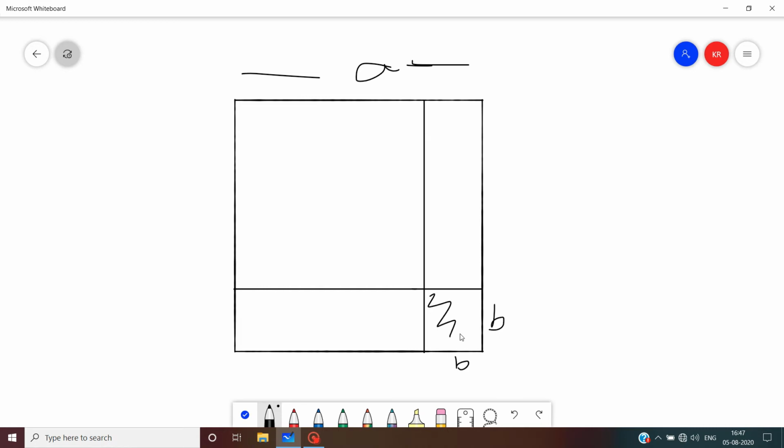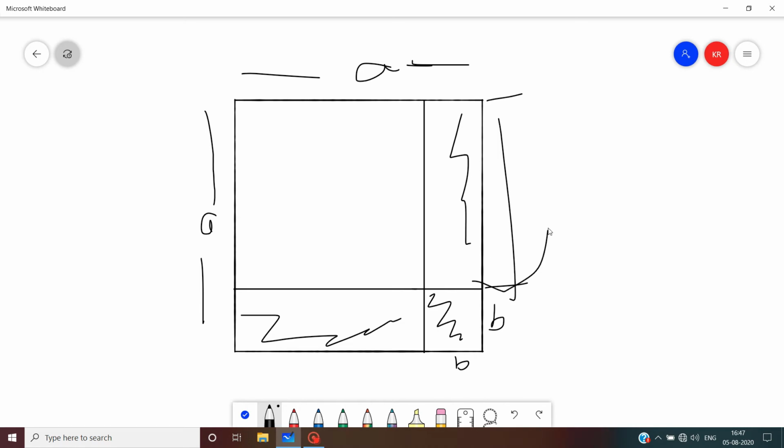So I have removed this part, this part and this part. How do I achieve this? See from here, this is length b, so this must be a minus b, right? And this is breadth b. Again this is breadth b. This will be a minus b.